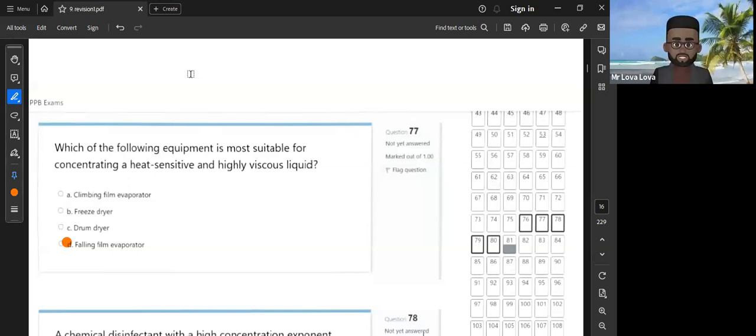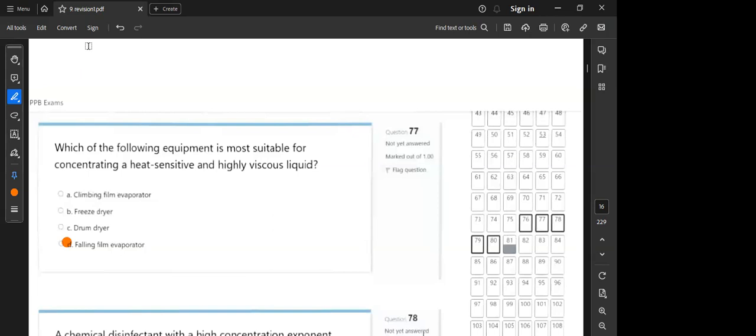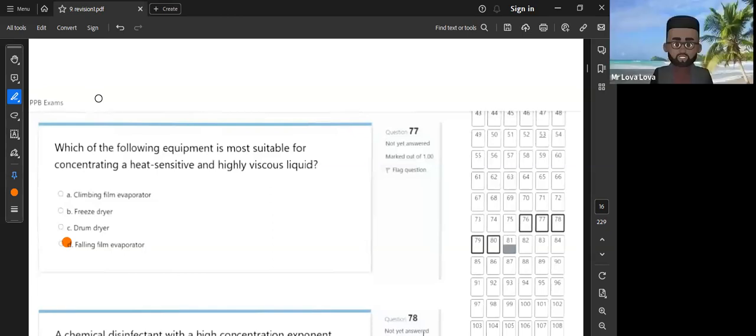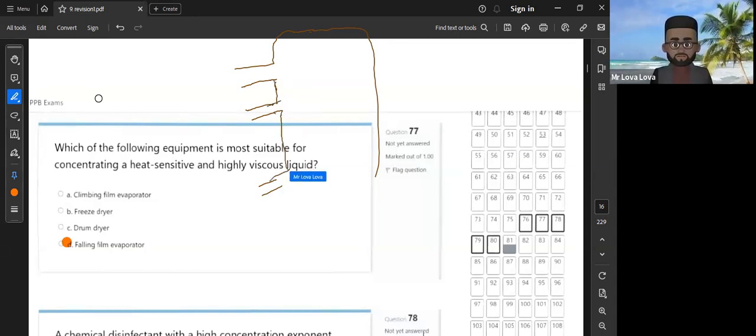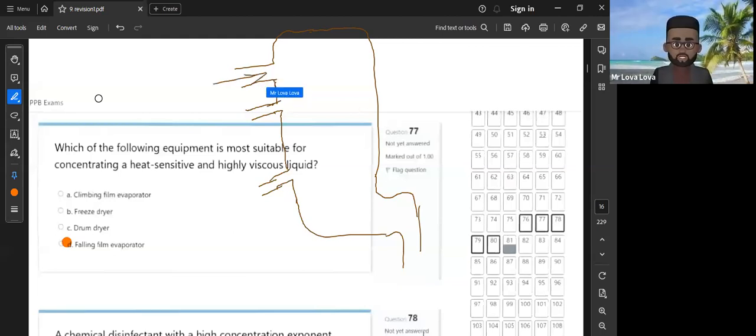Okay, from what I've seen, the photo looks like the highly viscous liquid. Can I draw on this? Yeah. It looks something like this. So your viscous fluid comes in through here.